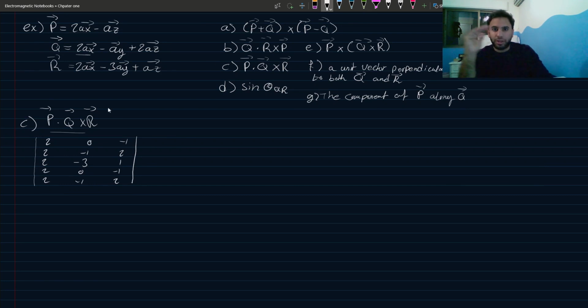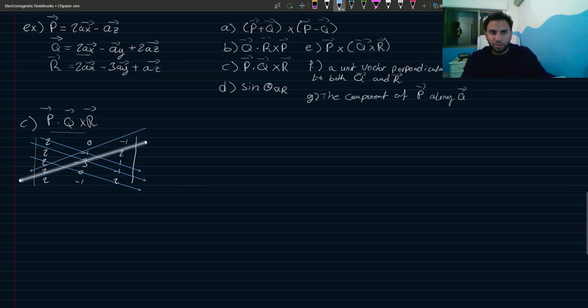That's how we start. We cross diagonal the components starting from the top. I'm gonna try to use steady lines. Maybe that will help. So minus 1 and 1, minus 3 and minus 1, 2, 0 and 2, minus 1, and 2, 2, 3, 2, 1, 0, 1, 0, 2.